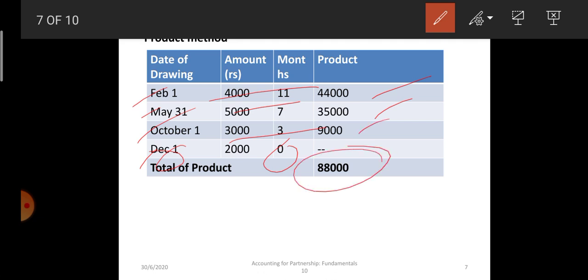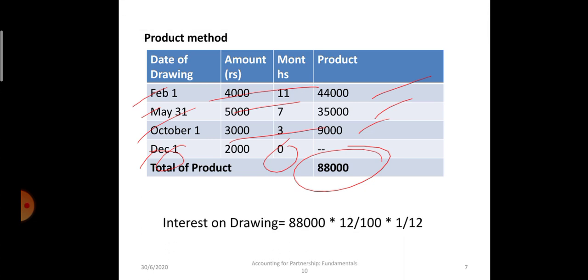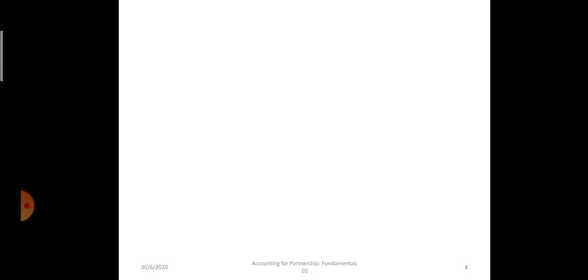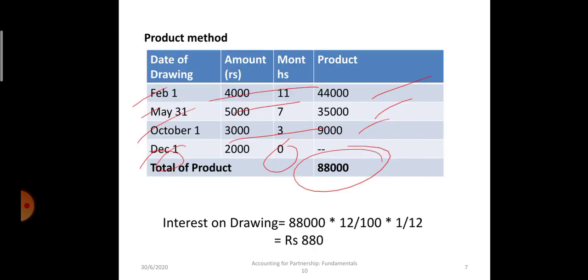Total is 88,000 rupees. On this 88,000 rupees, at the rate of 12% for 1 month. Okay, we will calculate for 1 month because we have converted the total amount into a monthly equivalent.